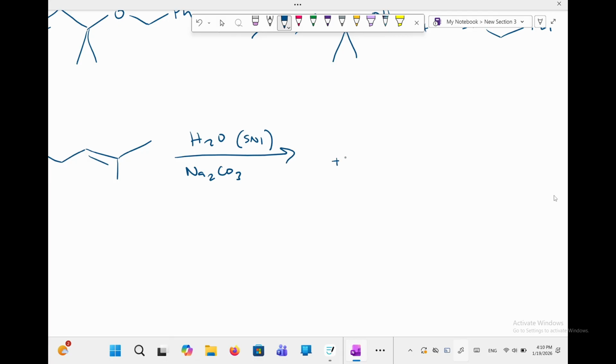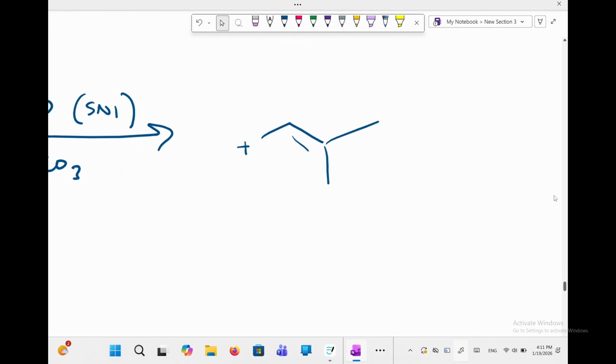And now I have this primary carbocation. And generally when we see primary carbocations, those are pretty bad, right? But it's actually not really that bad now because there's a double bond here. And what you can do with this is resonance.